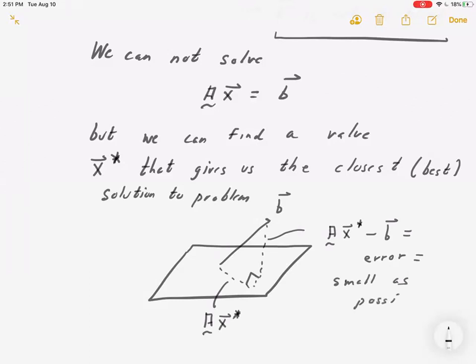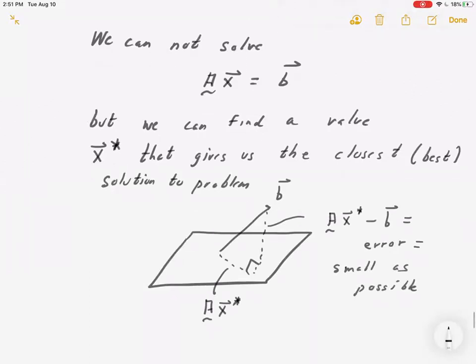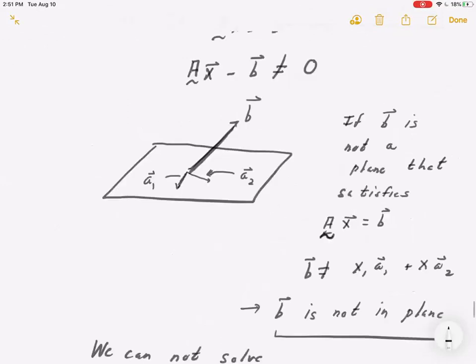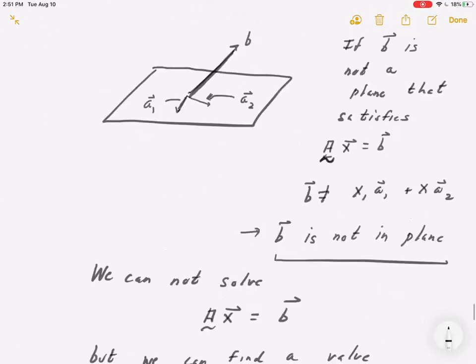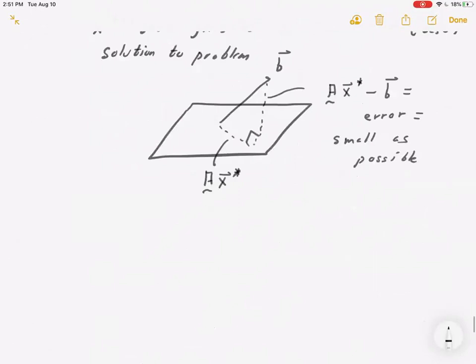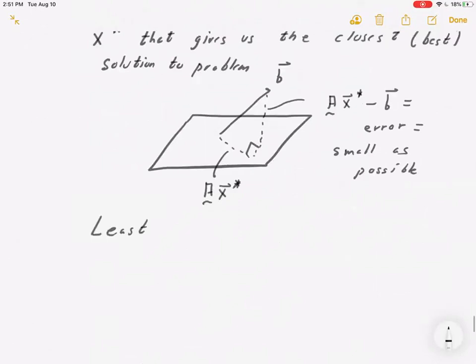And it's going to be as small as possible. There are lots of times in applied math and science and engineering that you can't solve problems exactly, but you can solve them approximately, and you can run with that. Just because Gauss-Jordan says no solution doesn't mean we need to go run home and hide. We can do better, and we will do better. And our solution is something we'll call the least squares solution, or the least squares approximation.